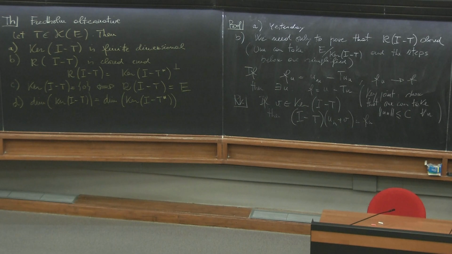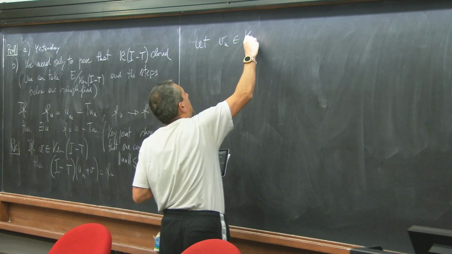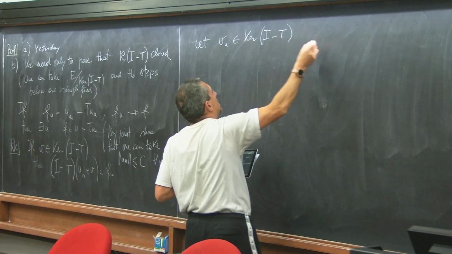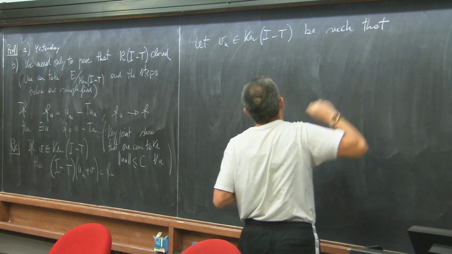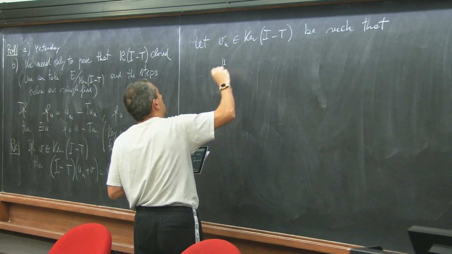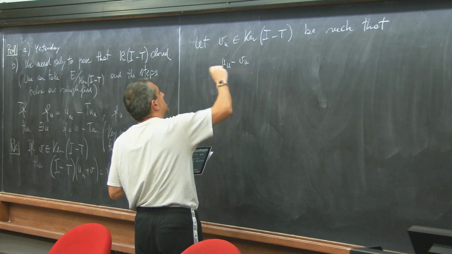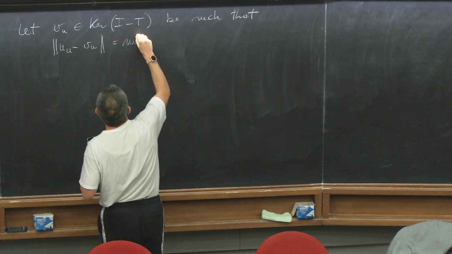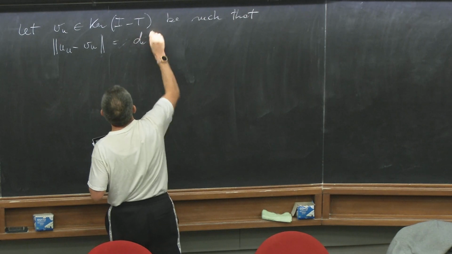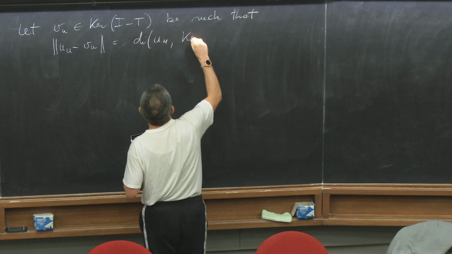So let Vn belonging to the kernel of identity minus T be such that the norm of Un minus Vn is the minimum, and is equal to the distance of Un from the kernel.